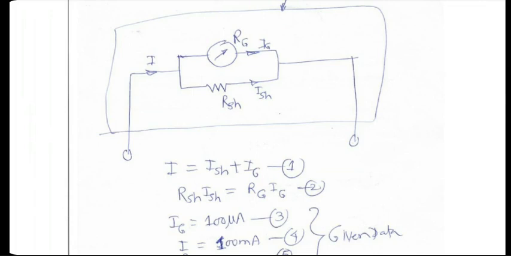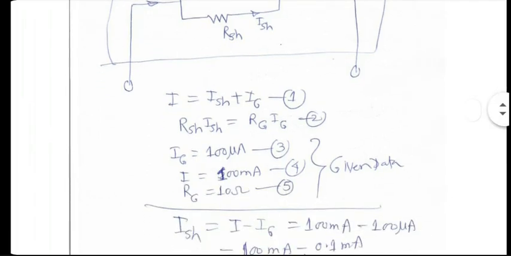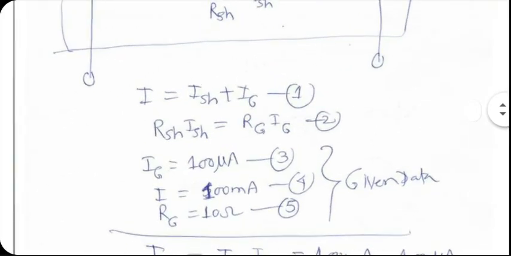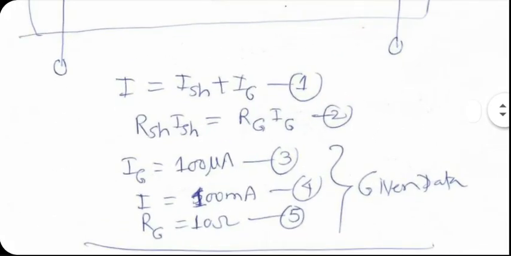Okay. And RSH into ISH will also be equal to RG into IG. RG is the internal resistance of the galvanometer. You solve these two equations. Assume that IG is 100 microampere, which is true in most practical galvanometers. And let's assume that the maximum current we want to measure is 100 milliamperes.